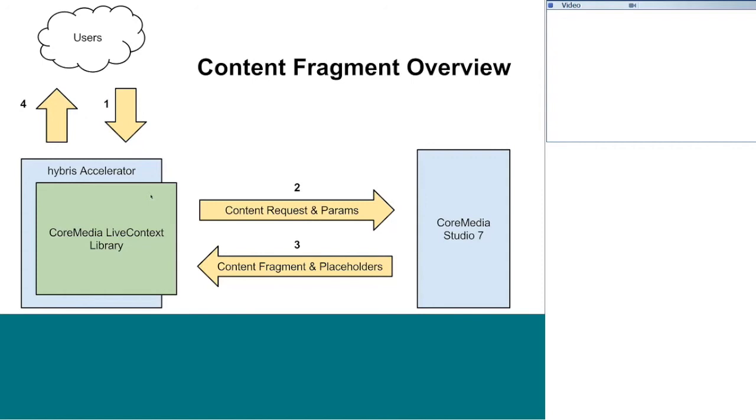So does that mean that if you do it by category and you have a category on the Hybris side, you have to repeat that category on the CoreMedia side? For right now, for the POC, yes, it's pretty manual. But actually, the Live Context Library has been integrated with IBM WebSphere. That's kind of where it was born out of, right?